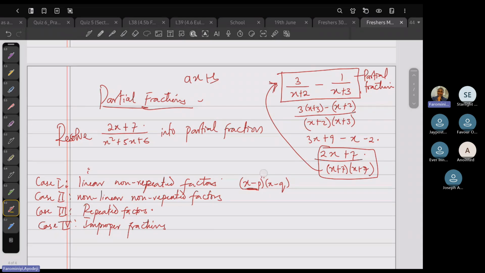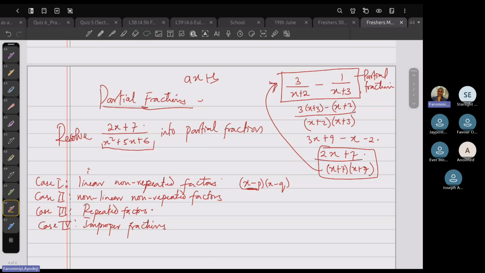So when you have this, this is already repeated. We have repeated a linear factor twice. So when you have something like this in the denominator, that is case 1. And sometimes it will look like this. So you have to check whether you can actually factorize that expression. If you can factorize it, then you can break it down.